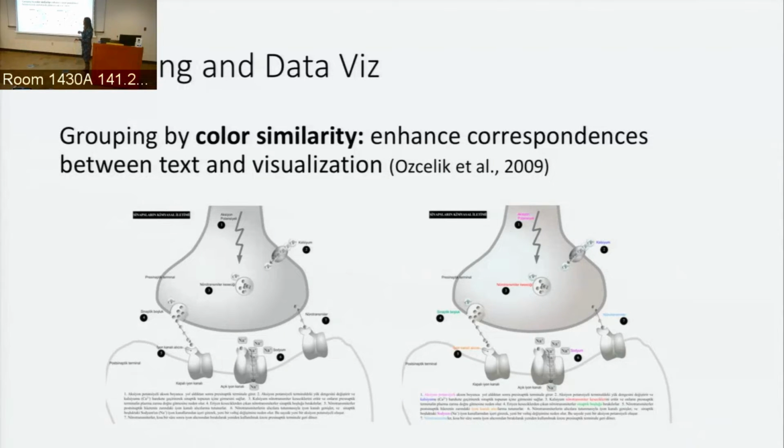Okay. This is actually a figure from a paper that was measuring eye movements while people looked at scientific diagrams, so not data visualizations, but essentially the point here was that when they colored in labels that mapped onto the description of the figure in the text, it was much easier for people to make those comparisons, and they saw in the eye tracking data that people were much faster at going between the image and the text because of the color mapping.